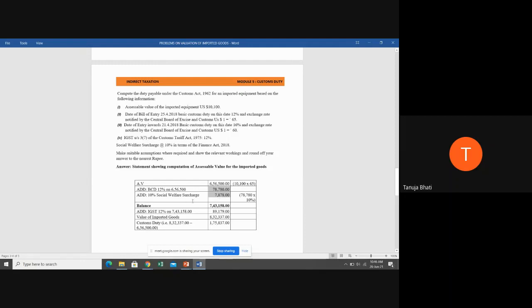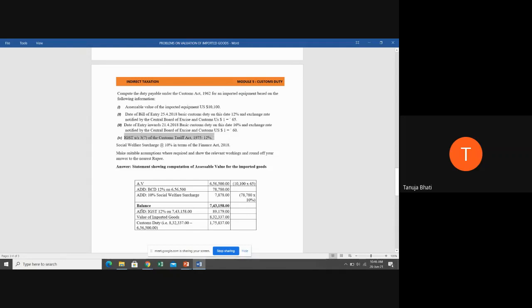So now, what is the total of your assessable value, BCD and social welfare charge? It is coming up to 7,43,158. Then you need to add your IGST, which is given at the rate of 12%.